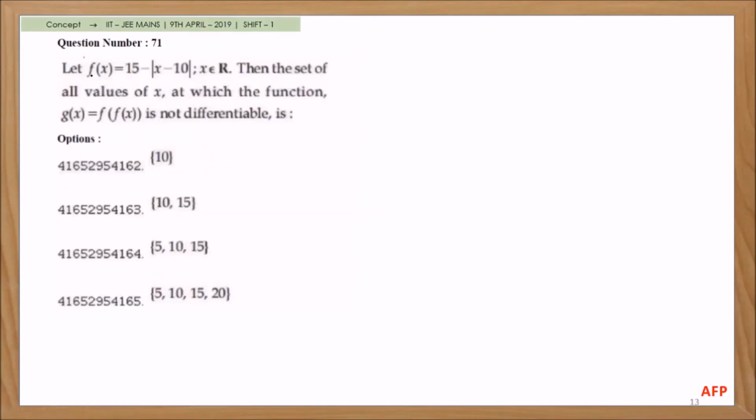Next problem. If f of x is equal to this function given, x belongs to R, then the set of all values of x for which the function g of x is equal to f of f of x is not differentiable. So first we will find g of x. G of x is equal to f of f of x. So f of 15 minus modulus of x minus 10.